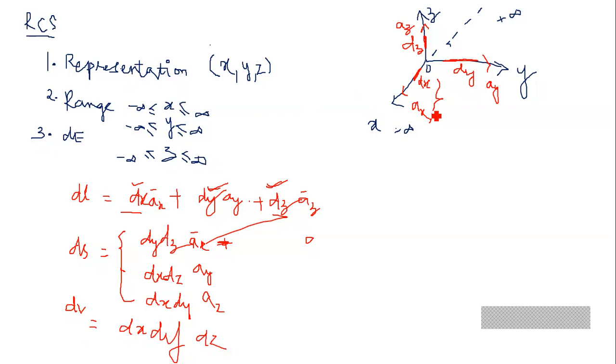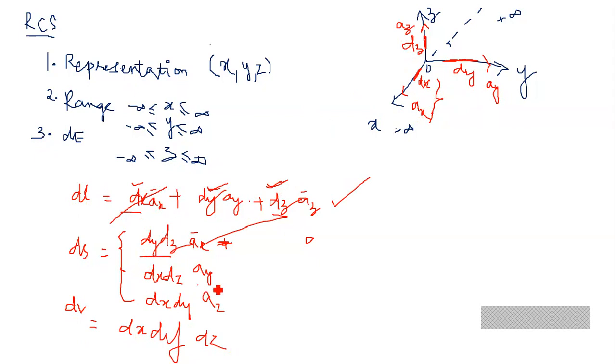For dl, I took dx ax, multiplied, and summed up with dy ay. Similarly, sum up with dz az. I got this expression. If you know dl, then it is very easy. For surface, it is dy dz with ax. If you want ax, you should discard the dx term and multiply the rest.